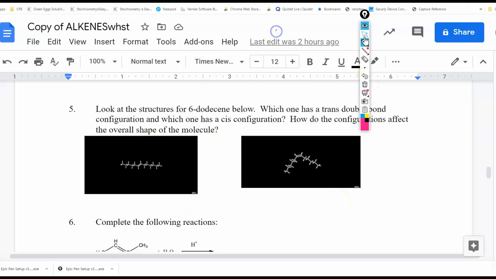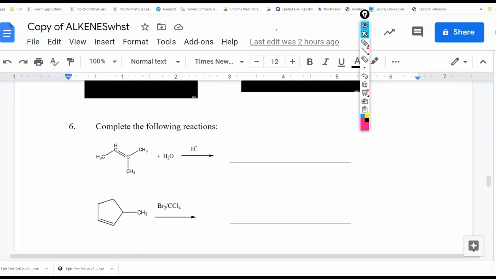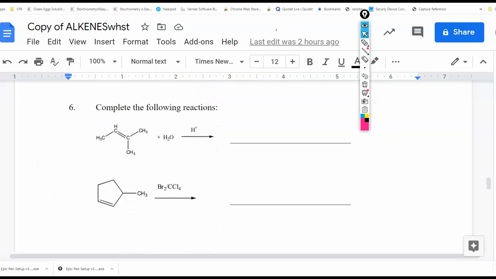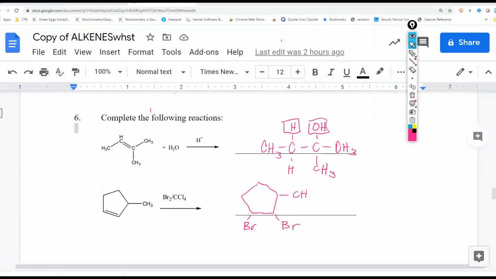Okay, so then we are going to go on to complete the following reactions. Completing the following reactions, we had to be able to determine which carbon to put the asymmetric water onto.